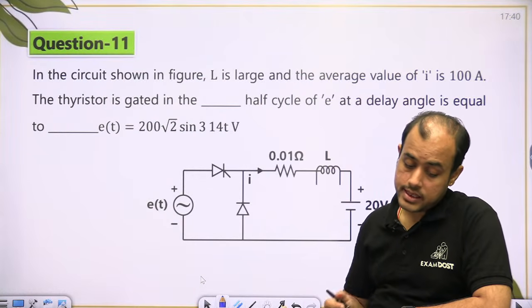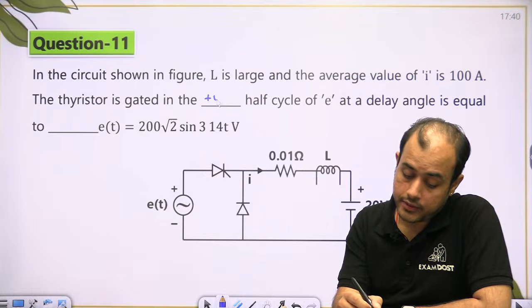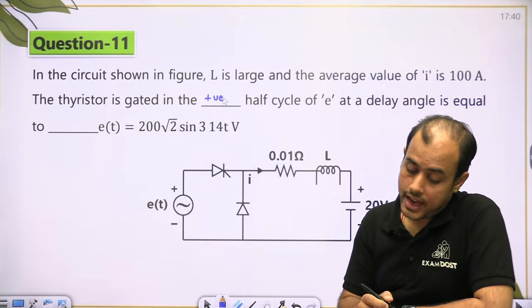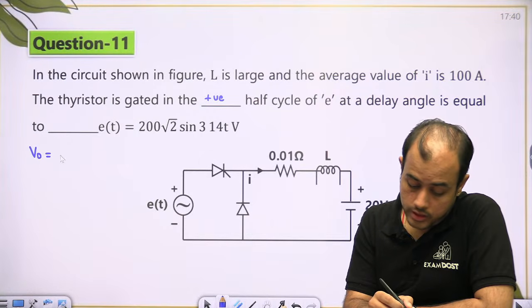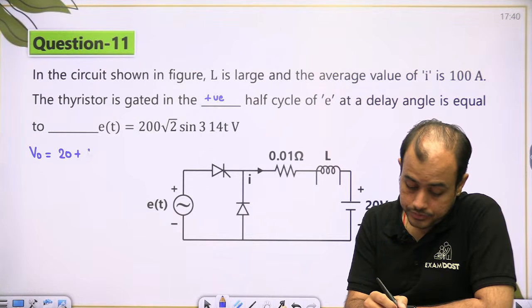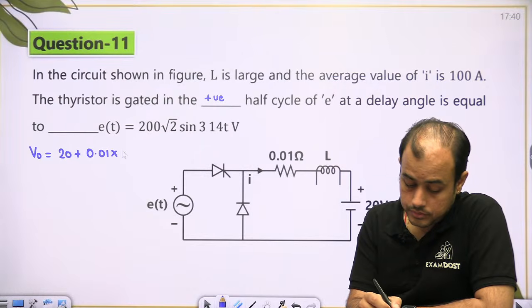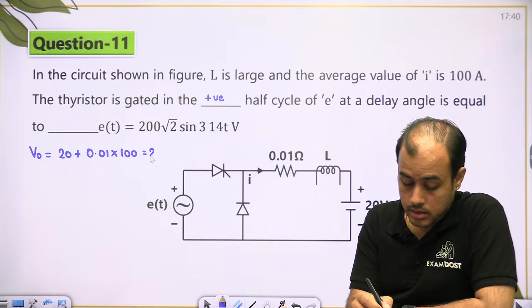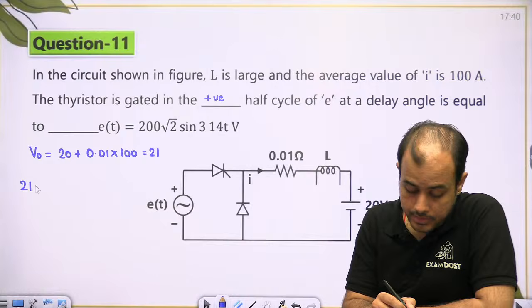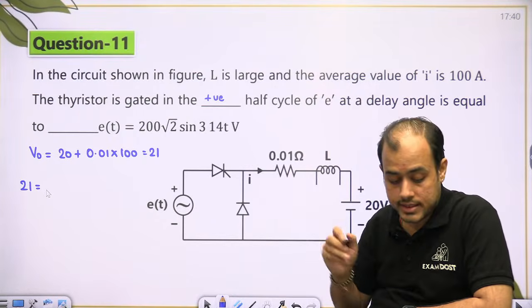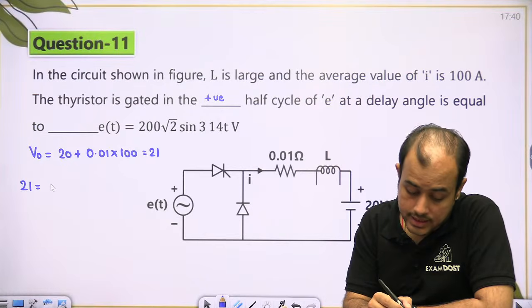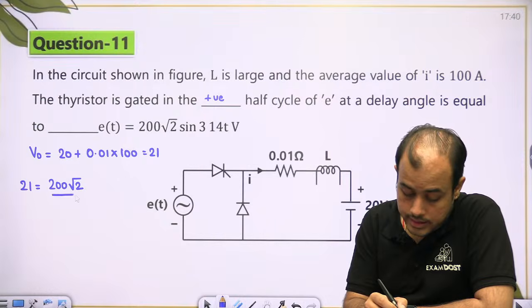Now, thyristor is always gated in the positive half cycle. Now, average value is 100. So, V0 is 20. Now, this is same as that of a R load. Freewheeling diode gives you the same functionality as R load. ठीक है?